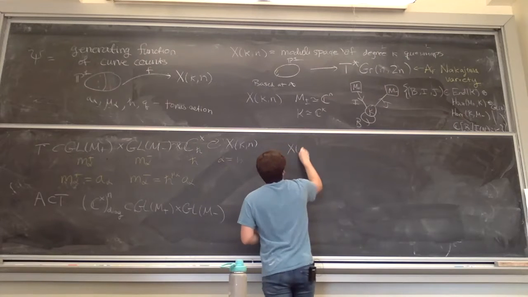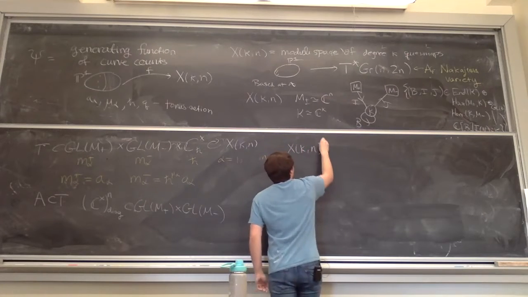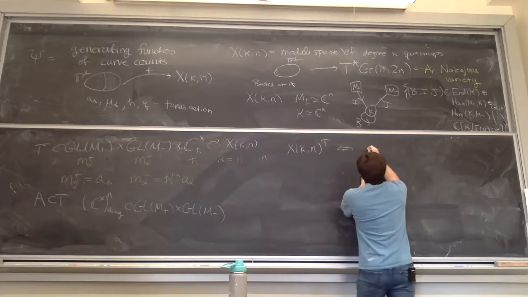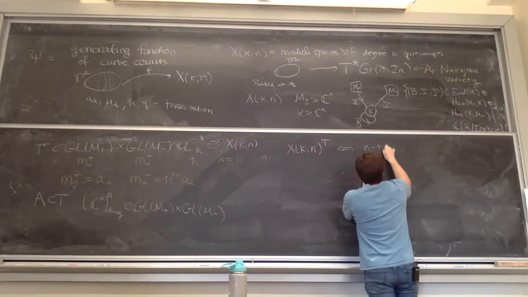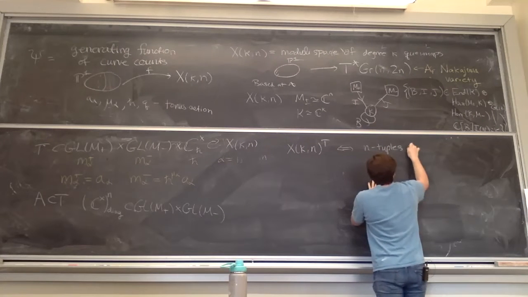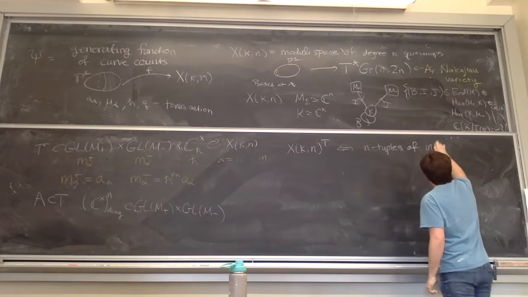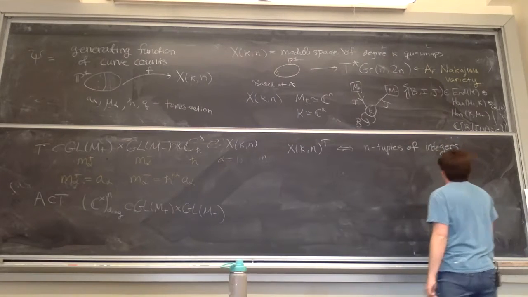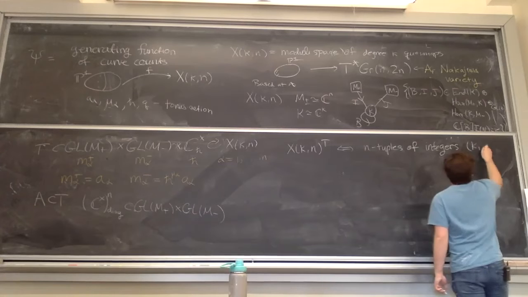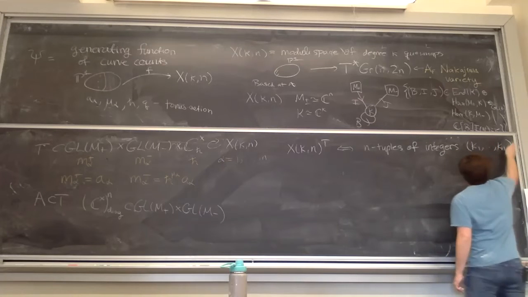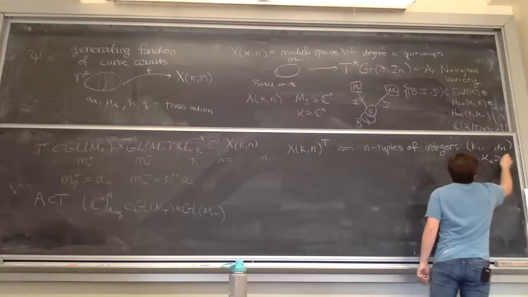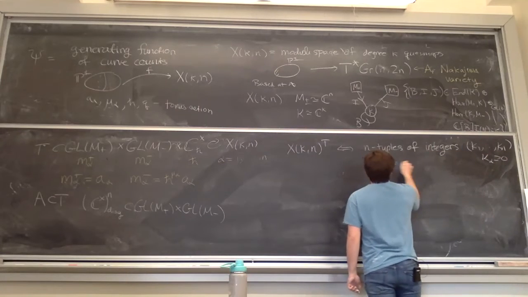So the fixed points correspond to, you can just think of them as n tuples of integers, K1 through Kn, which satisfy K is.